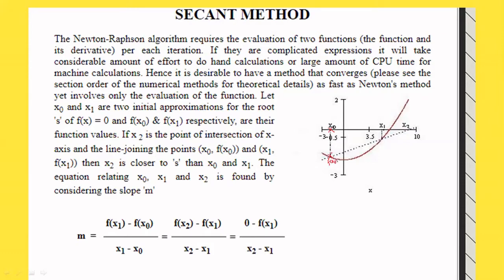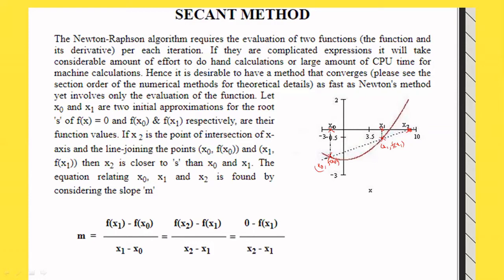This is x1 and this is f of x1. So the secant line joining x0, f of x0 and x1, f of x1 intersects the x-axis at x2. Be careful: we have taken f of x equal to 0 and chosen the two values x0 and x1.